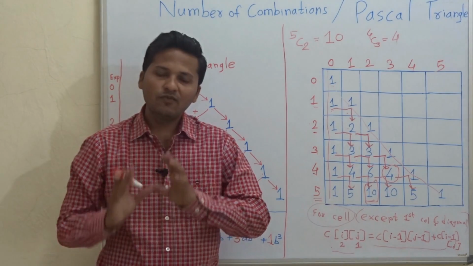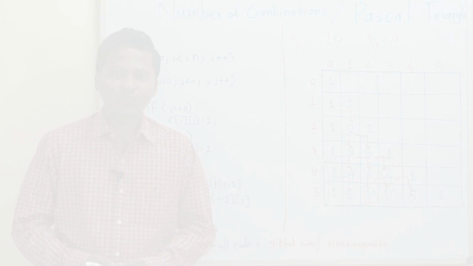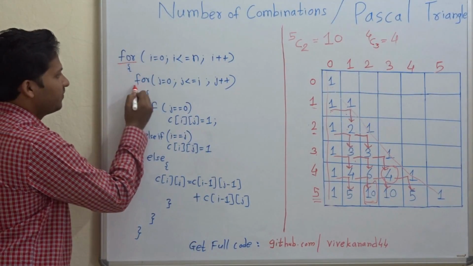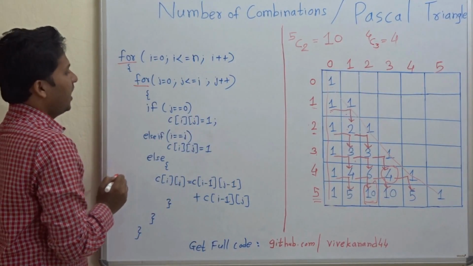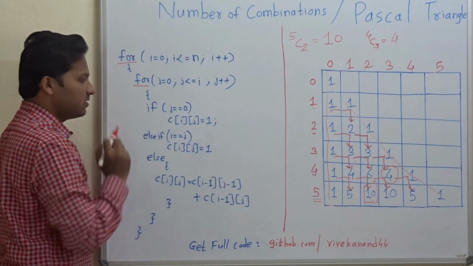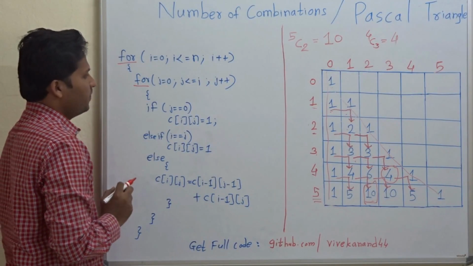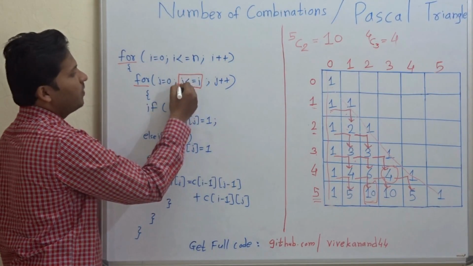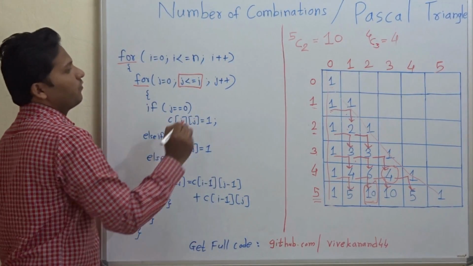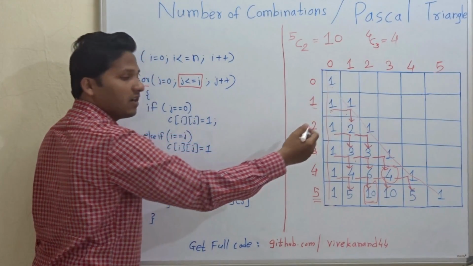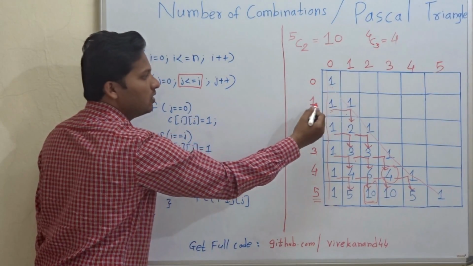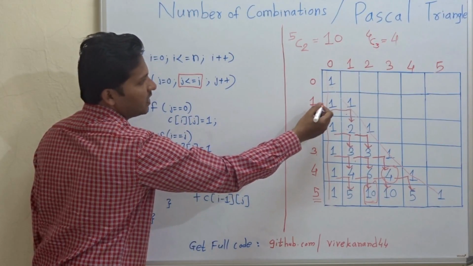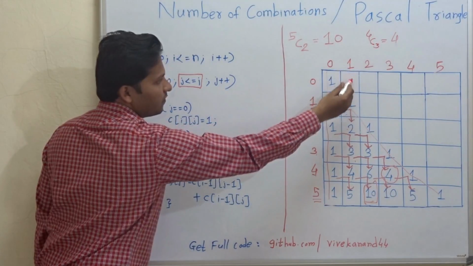Now we will see the whole program for this. So here is the code. These are the two for loops for this matrix, and inside the for loop, let's take a look. So you can see j is less than or equal to i, means for each row we are going only up to the row number, means if the row number is 1, then we will go up to the first column.